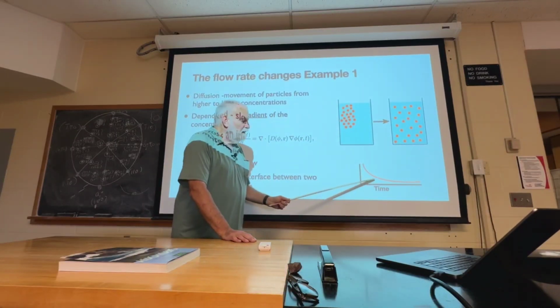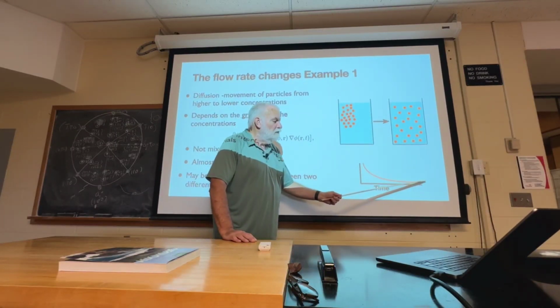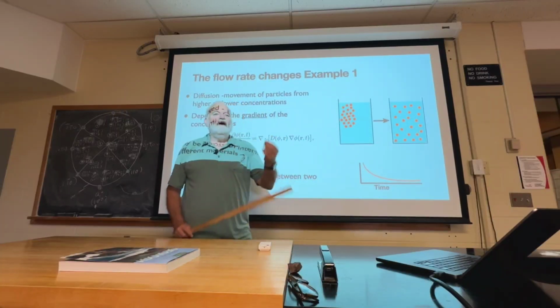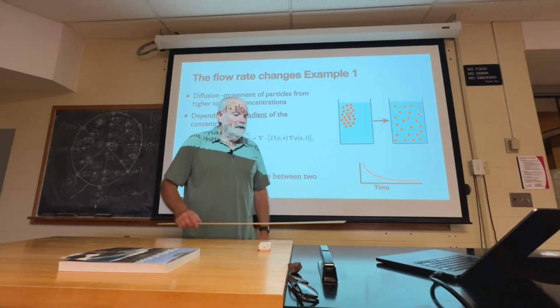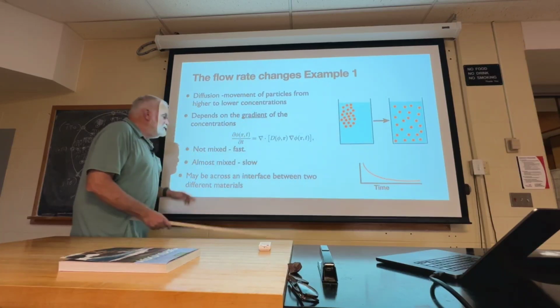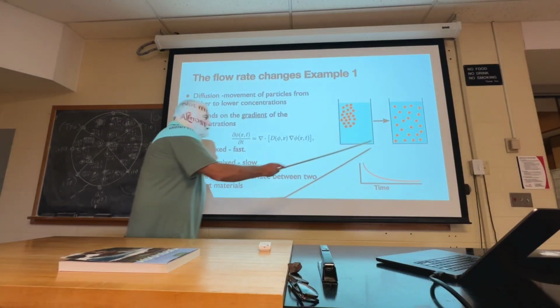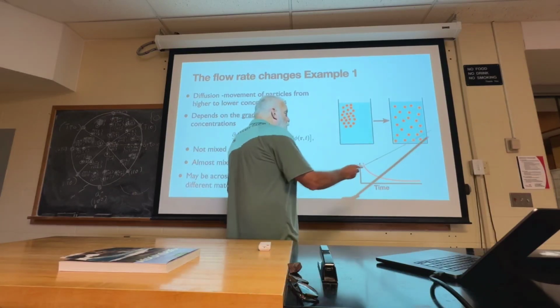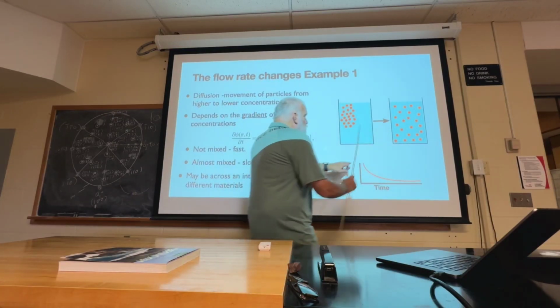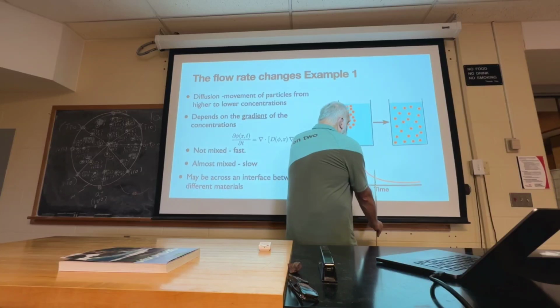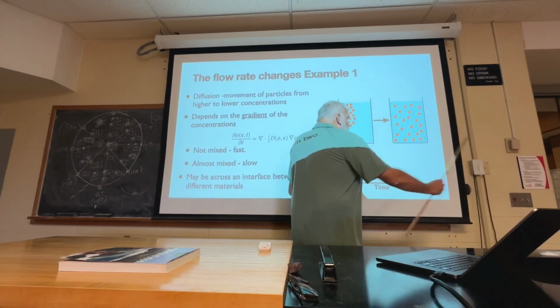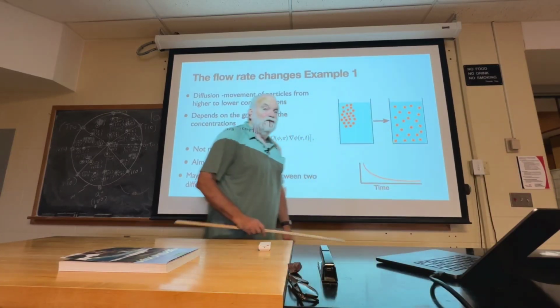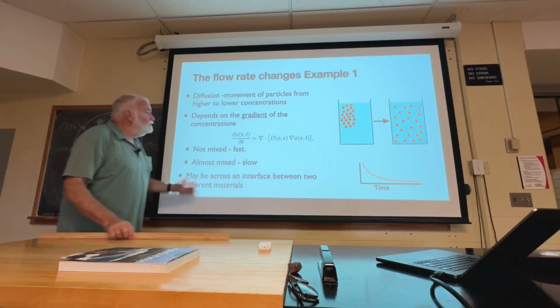Something that is coming like this will get closer and closer and closer, but not quite make it. Asymptotic, they call it. So you could get from here to here pretty quick, but if you wanted them all perfectly diffused, it's way over there on the timeline someplace. All right, so that's a concept.